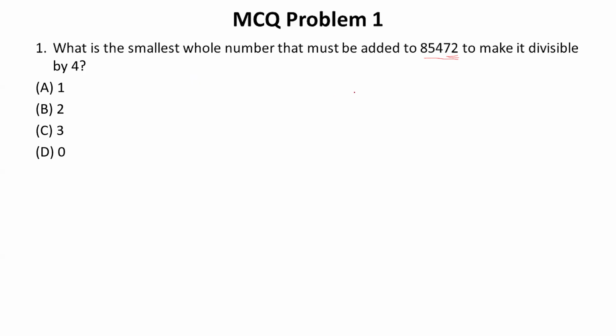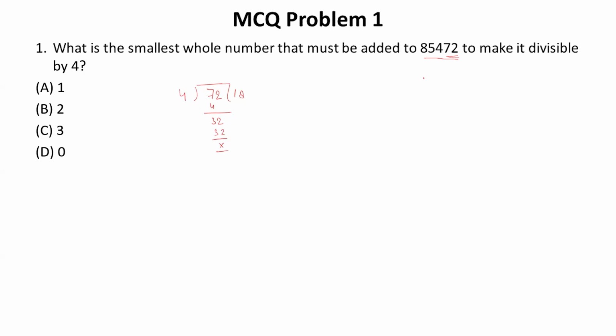So for a number to be divisible by 4, you have to look at the last 2 digits. If the last 2 digits are divisible by 4, that means your number is divisible by 4. Last 2 digits are 72. Just check whether 72 is divisible by 4. 4 times 8 is 32.